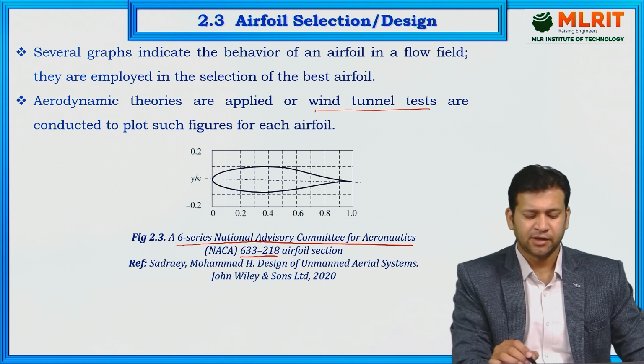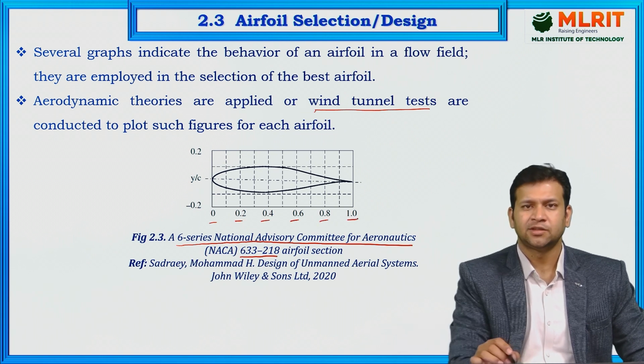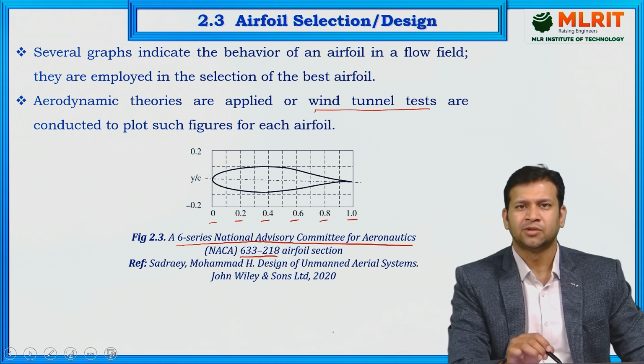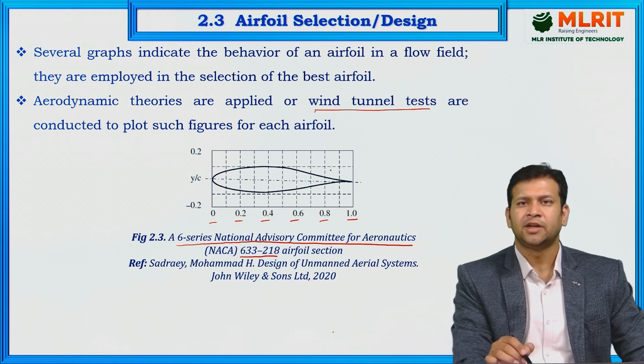So here we can see these are the values on the x-axis and these are the chord values on the y-axis. So here how much it is, has been clearly plotted here. This is for 6 series NACA airfoil 633-218.